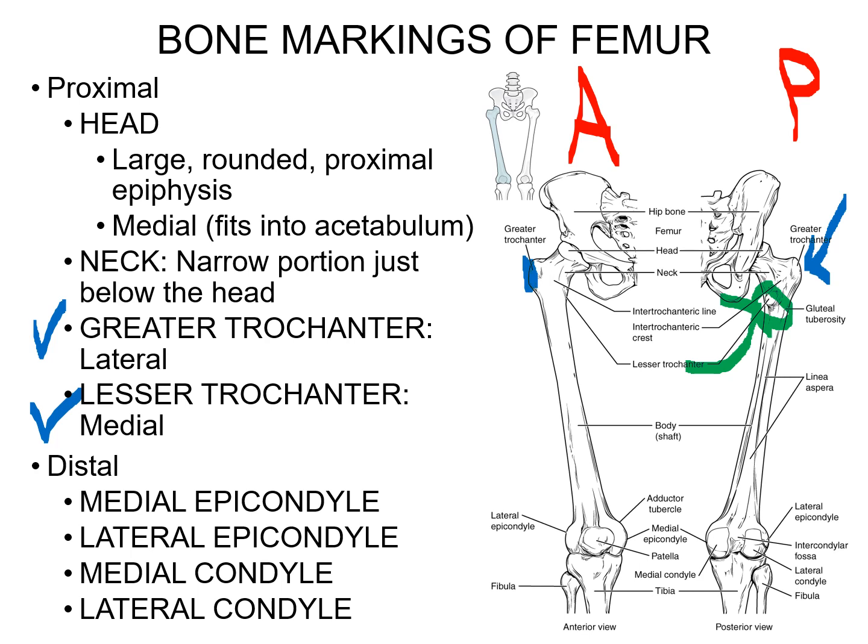For the medial epicondyles, it's just these big protrusions right here at the very edge of the femur. For the lateral epicondyles, same thing. They're just going to be protrusions on the lateral aspect right there.